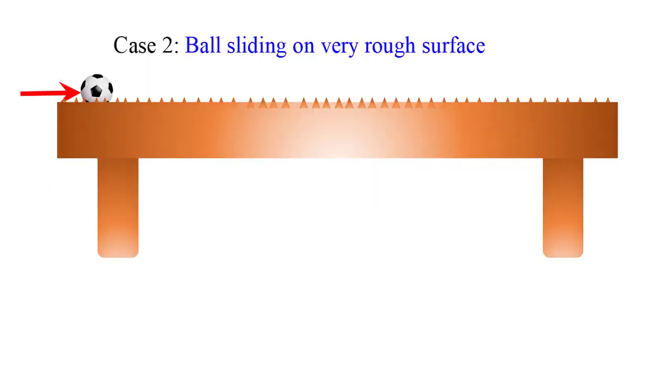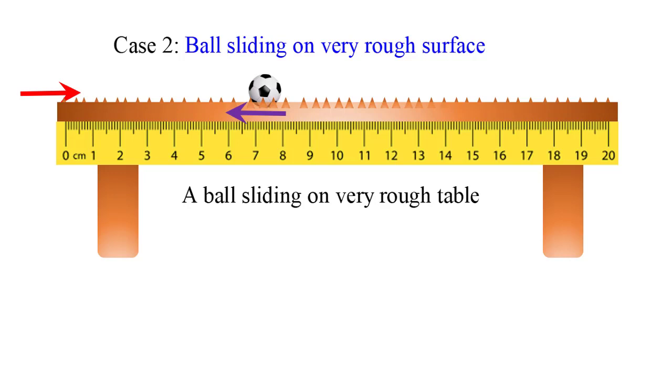The second case is the ball sliding on a very rough surface. Because of its roughness, the ball came to rest only after traveling a small distance.